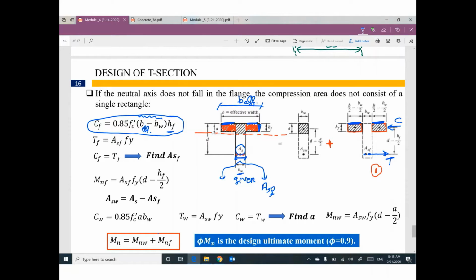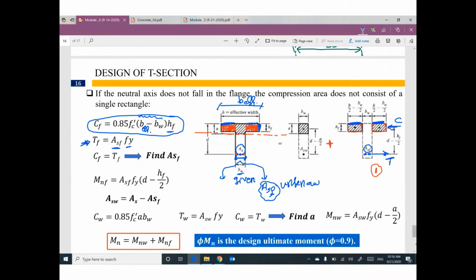The tension force in the steel reinforcement that I cannot know how much. I told you this total area steel will be divided to two parts. The first part is unknown. I don't know how much. A little bit, but how much I don't know. So the tension force will equal this little of area steel flange times fy, as we know.